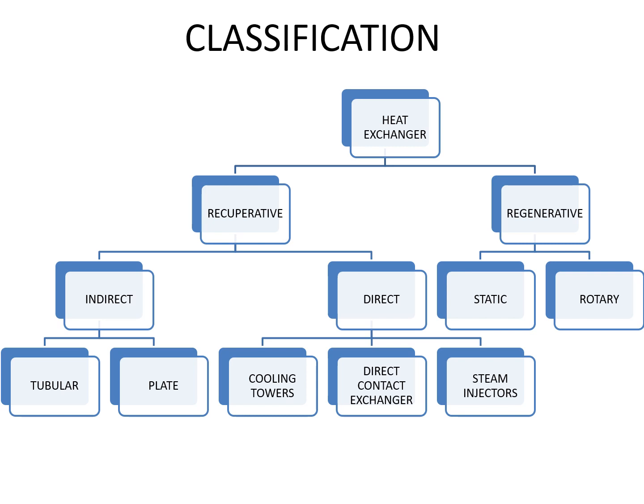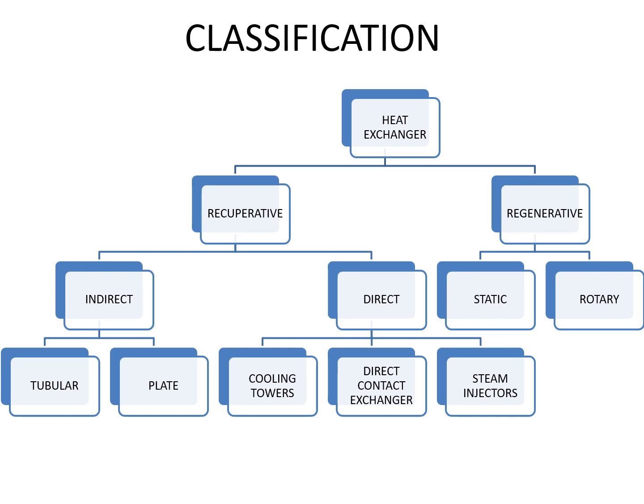As I said, there are two types: recuperative and regenerative. In recuperative, we have indirect heating and direct heating. Indirect heating includes tubular, plate, even the reactors which have heating coils, and the double pipe heat exchanger. All these are indirect type heat exchangers.